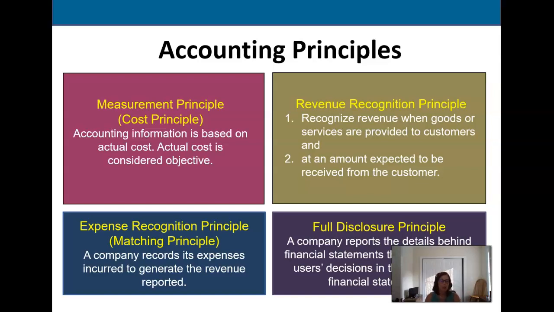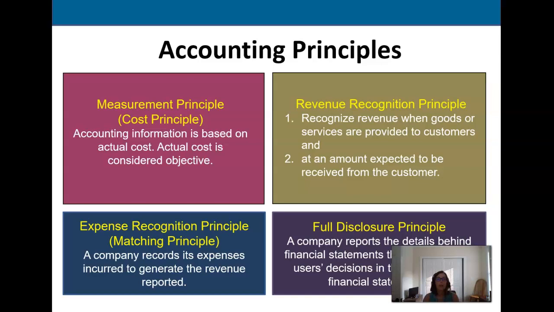The matching principle, and we'll talk a whole bunch about this as we move into booking transactions, says that we want to match expenses that our business incurred in the same period as the revenue that was generated as a result of those expenses. So that, in a nutshell, is the matching principle. So expenses and revenue that were related are reported in the same period.